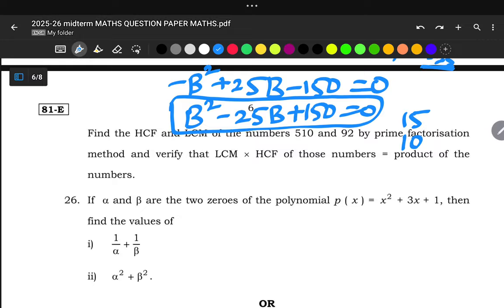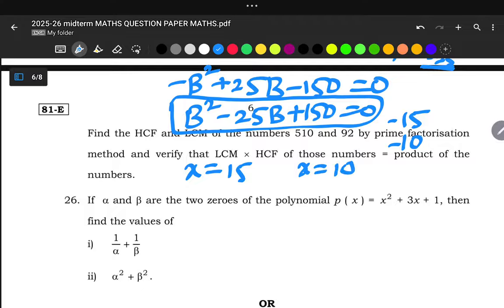Split the middle term and we will get the answer, or write the answer directly. See, here both numbers are negative, minus 15 and minus 10.